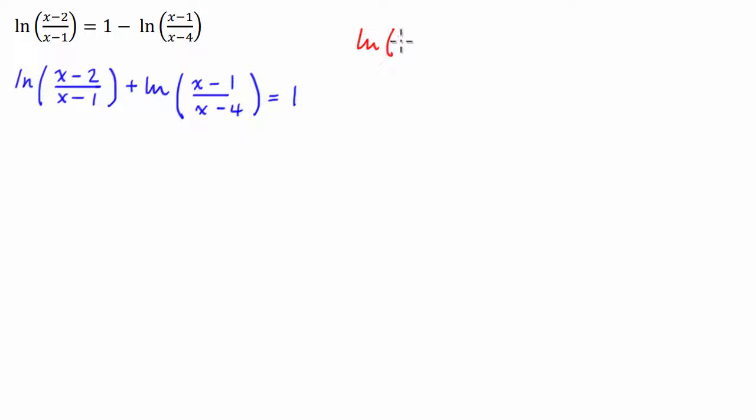Now I'm going to use the log law: the ln of A plus the ln of B is equal to the natural log of A times B. This can work both directions, guys. If you have two numbers within one logarithm that are being multiplied together, you can split the logarithms and add them.